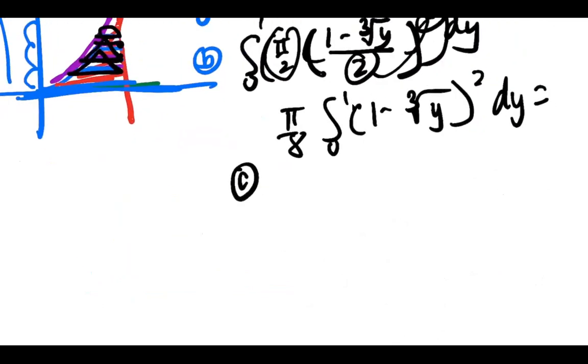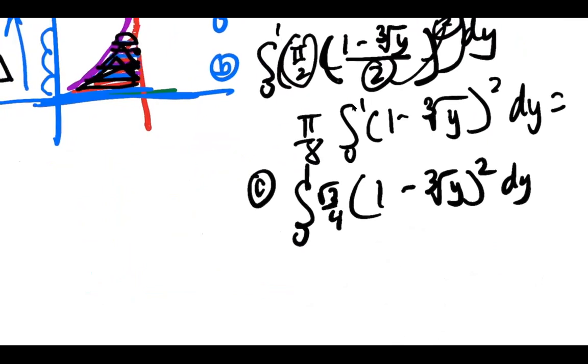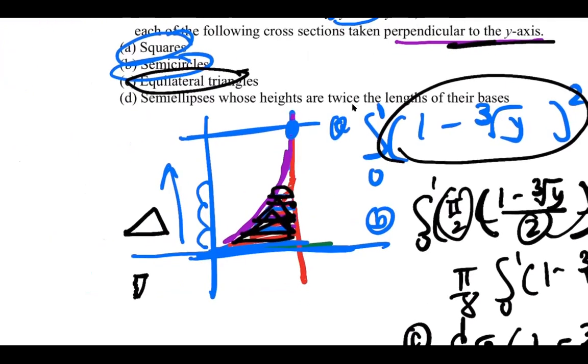So the area of an equilateral triangle is square root of 3 over 4 side squared. From 0 to 1, you're just doing triangle after triangle after triangle. You can factor out your square root of 3 over 4. And then the last one is semi-ellipses. So scratch that for now.